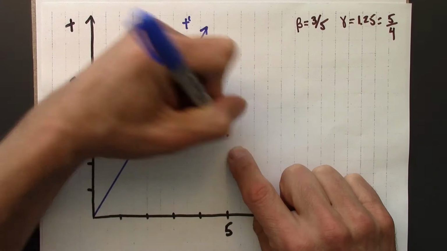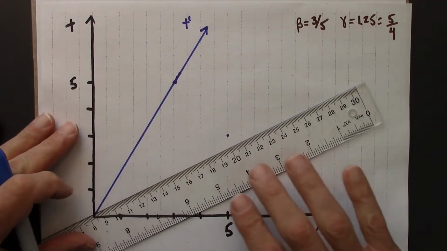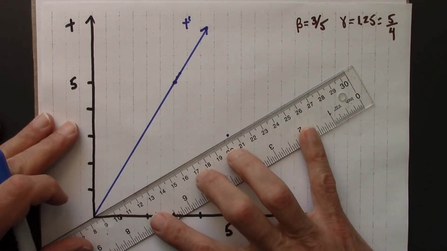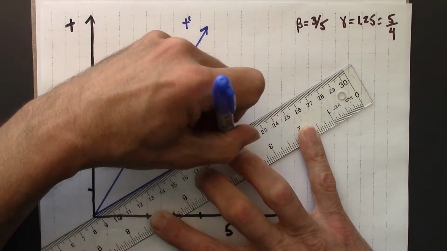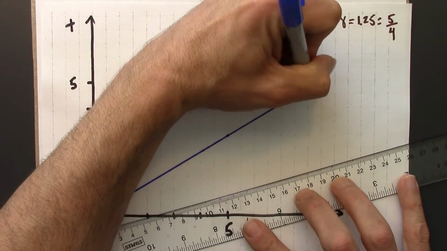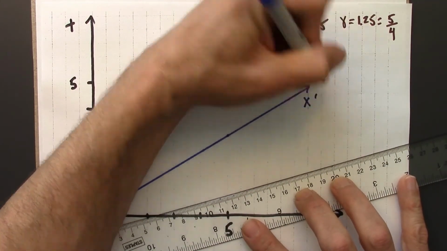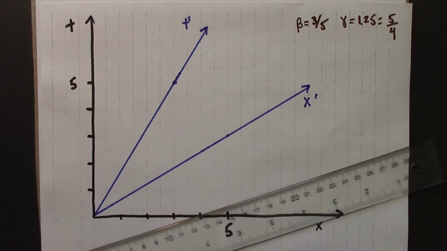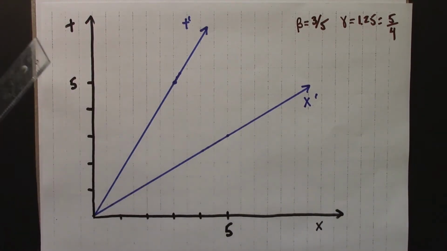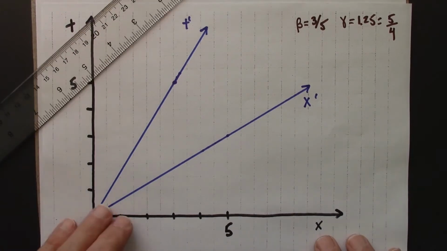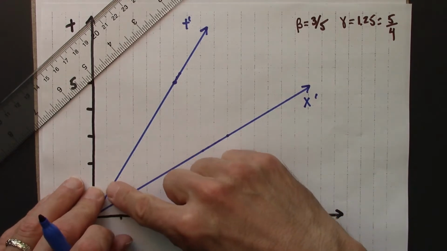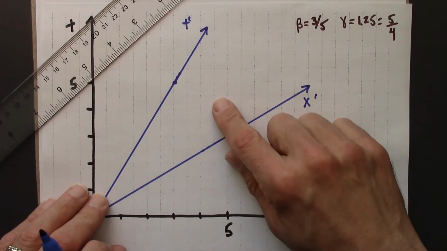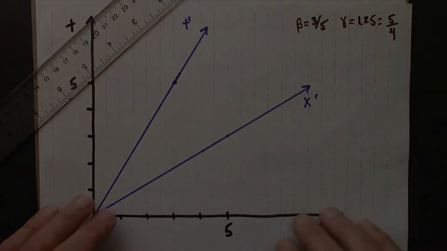It's going to be like that. Beautiful. All right, so there's my x prime axis. So let's suppose that we have an object that's moving with a velocity of 3/5 in the primed frame. So let me take a second to draw that, and then we'll talk about it.